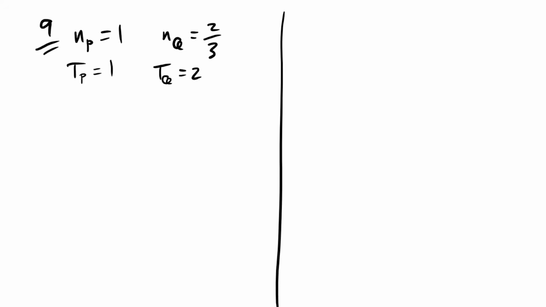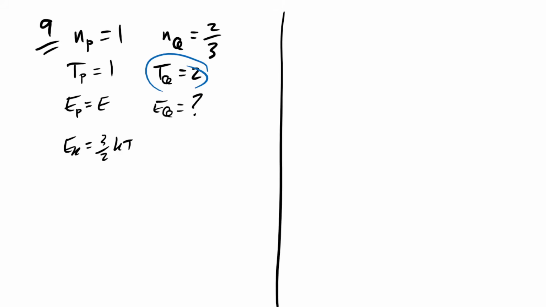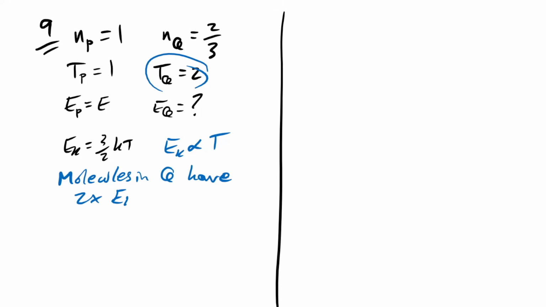The total molecular kinetic energy of P is E. We need to find out what it is for Q. So we know that kinetic energy is equal to 3/2 kT. So if the temperature is double that in Q, we know that kinetic energy is proportional to temperature, so molecules in Q have 2 times the kinetic energy each, but then we only have 2/3 of a mole, so we times that by 2/3, so it should be 4/3. So I think the answer is C.